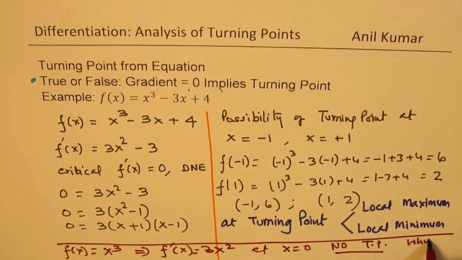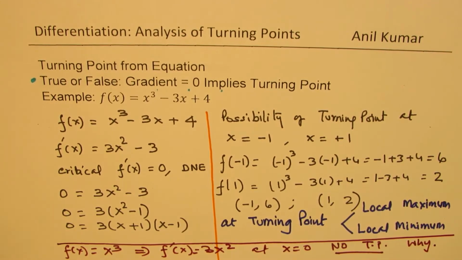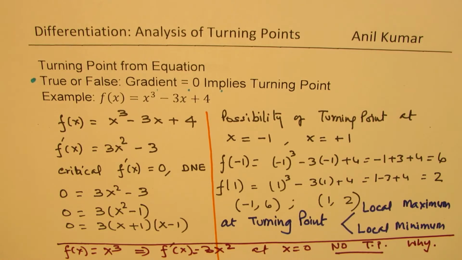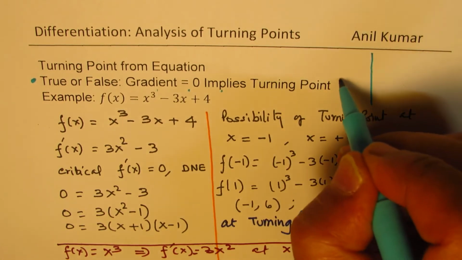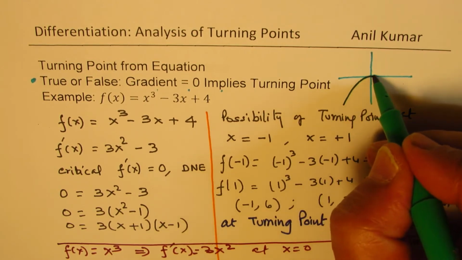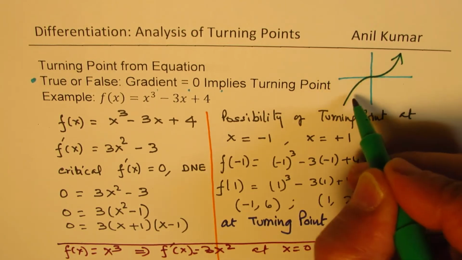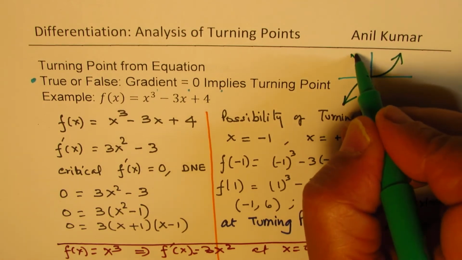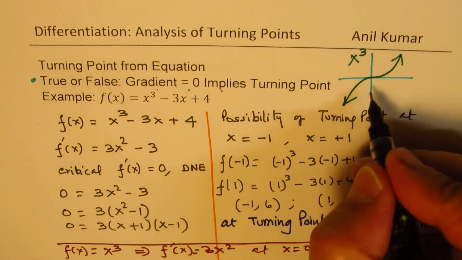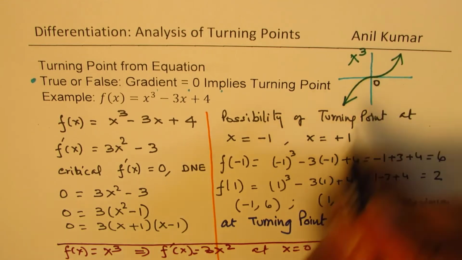The question is why? Well, if you sketch this graph x cube, it may look like this. So that is the graph of x cube. As you can clearly see here, at 0, it doesn't really turn.